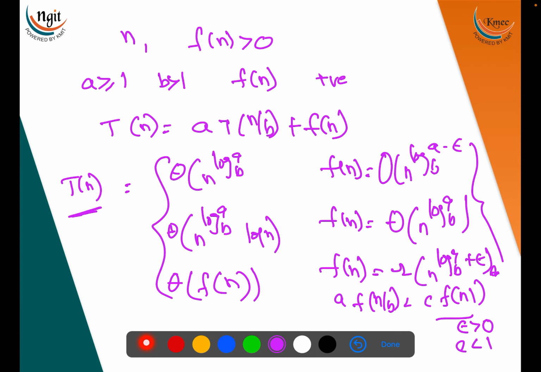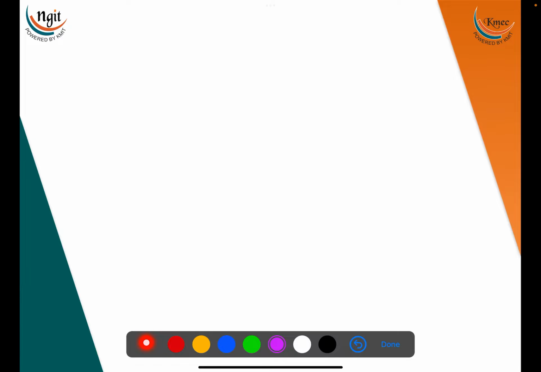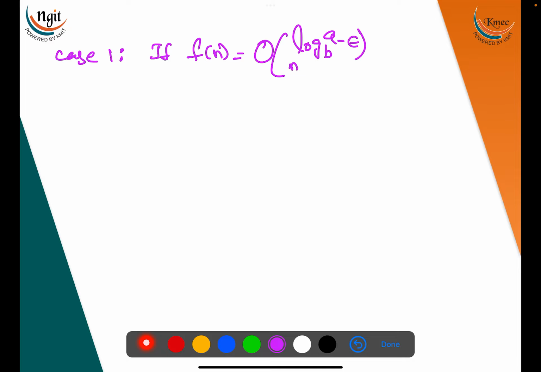The first case is f(n) equal to O(n^(log_b a - epsilon)). If f(n) is O(n^(log_b a - epsilon)) for some constant epsilon greater than 0, then the time complexity is T(n) = theta of n^(log_b a).